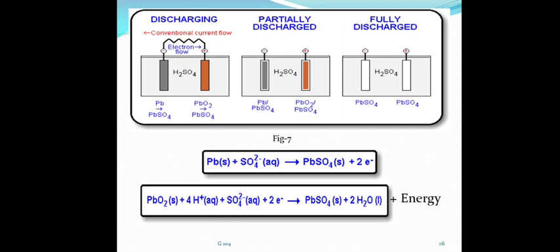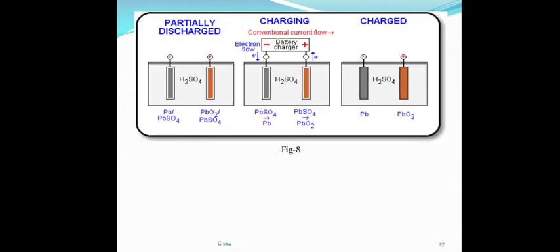So again, these are the discharging reactions given here. Completely discharged: Pb turns to PbSO4, PbO2 turns to PbSO4. On charging, you will again get PbSO4 to Pb and PbSO4 to PbO2.